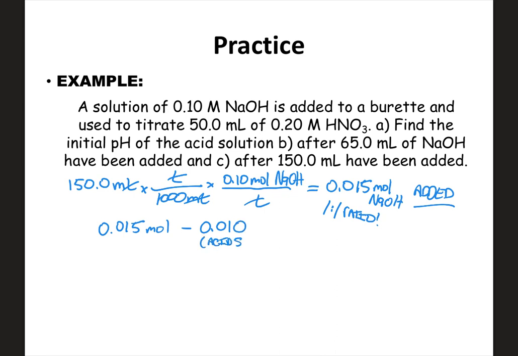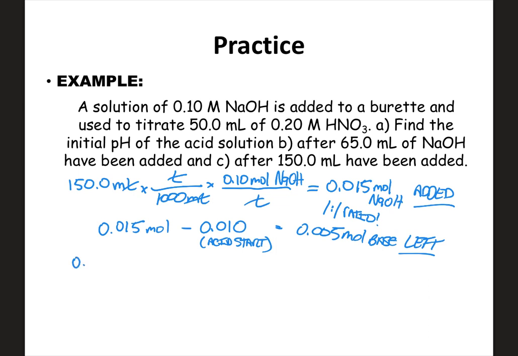Essentially, all of the acid is going to be neutralized. Okay, it's a 1-to-1 ratio. So if all the acid reacts with the base, there would be 0.005 moles of the base left over. Okay, so we've reached and passed the equivalence point. All of the acid is neutralized, and there is just now base remaining.